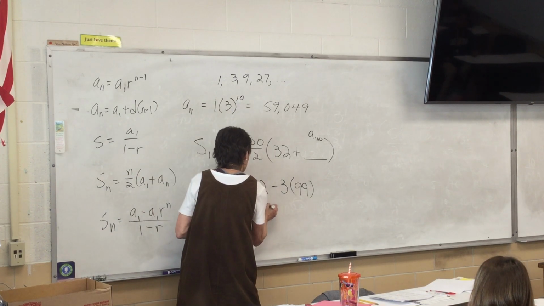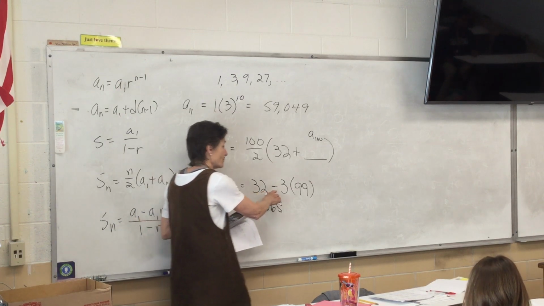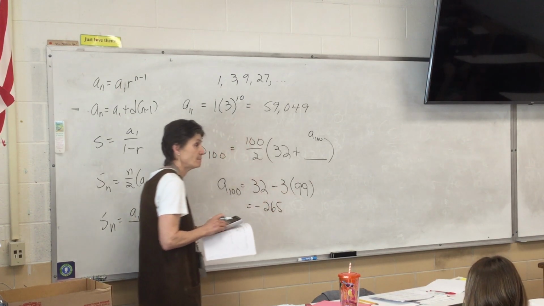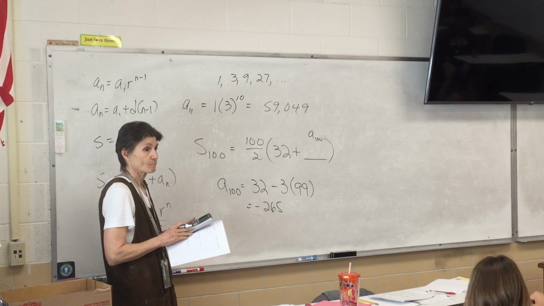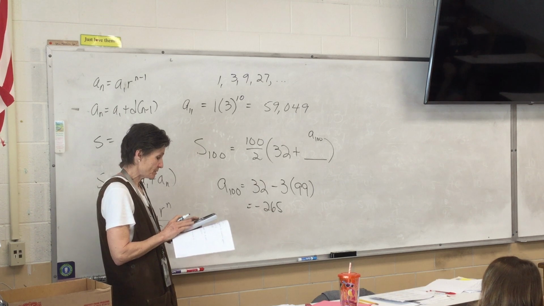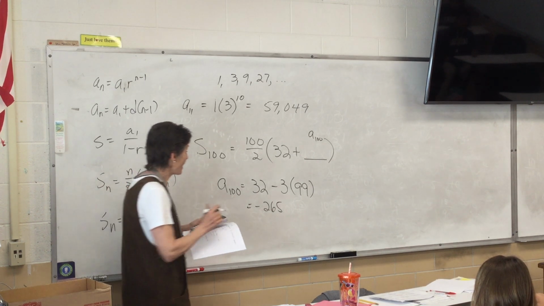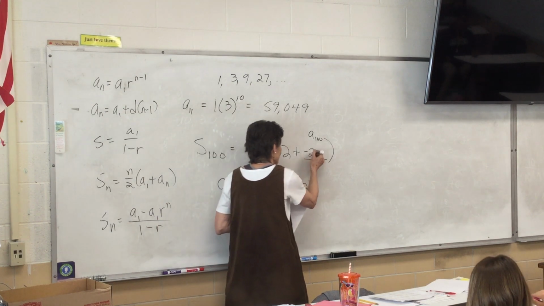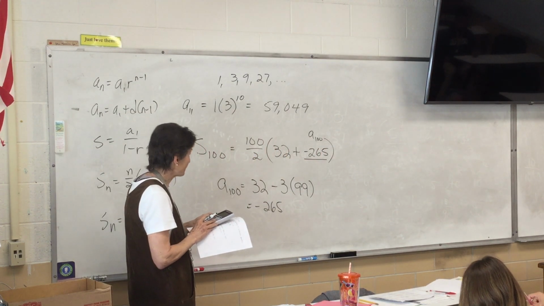So I got -265 when I did 32 minus 3 times 99. Right? Now is -265 my answer? No. That needs to come up and get plugged in right here. And now I can find my answer.